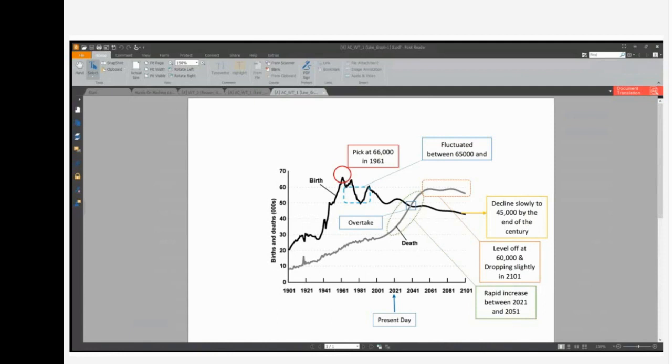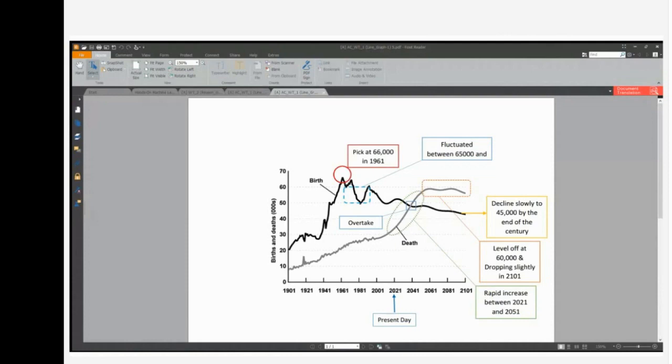The next one to discuss is the death line, which started just a little bit shy of 10,000, and then it started growing, and kept growing, and then suddenly after this particular year, it picked up quite sharply and started going up very quickly. Not like previously, but very quickly. And at this point, after some years, it actually overtook the birth rate.